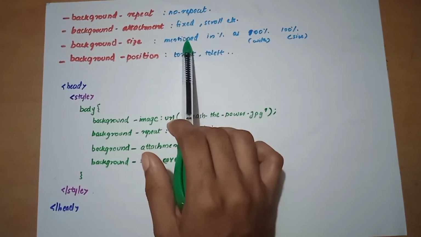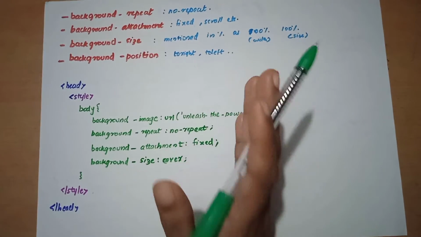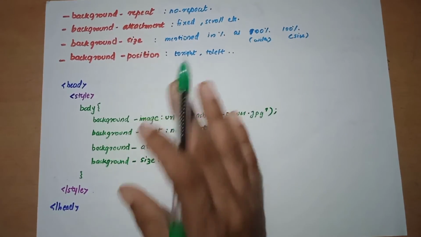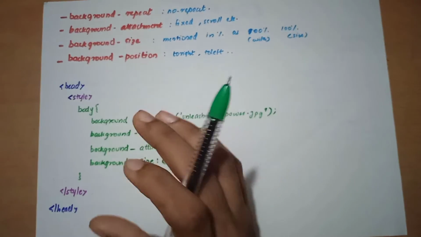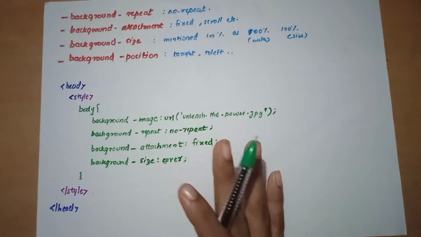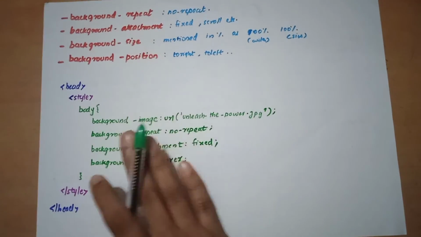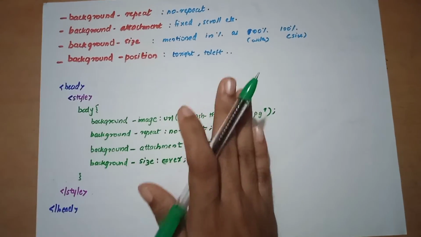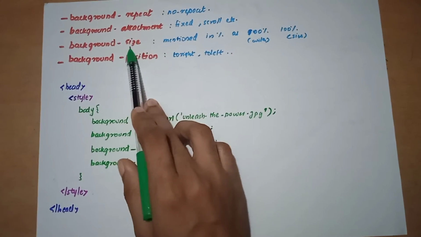As we have mentioned, if you are adding images to our web page, sometimes they will appear in a small form. In order to fully occupy your background or web page size, you also have to mention the background size.